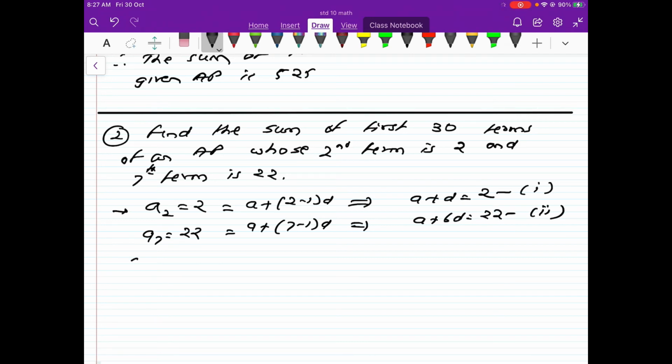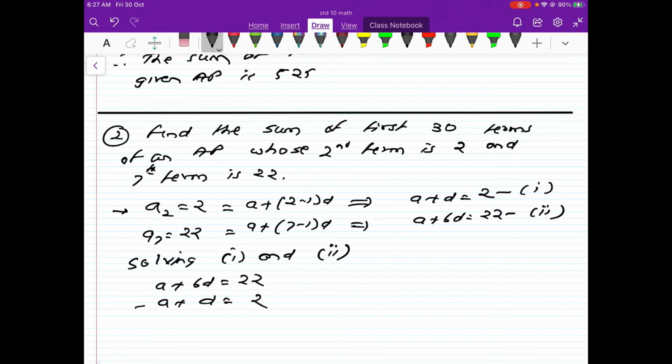Then solving equations number 1 and 2, this is just like linear equations in two variables. So elimination method. I will take the bigger one up, and I will take the smaller one down, so it is easy for subtraction. So a minus a is 0, 6d minus d is 5d, 22 minus 2 is 20.